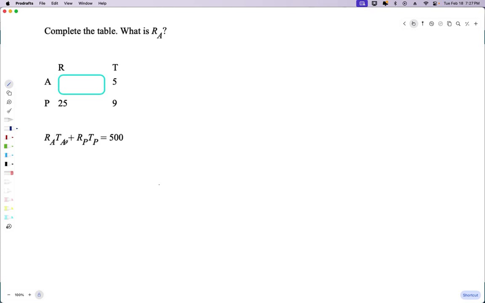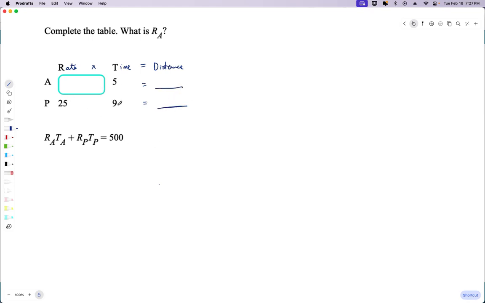The distance of A, which is rate times time, plus the distance of P, which is rate times time, is equal to 500 when you add both of them together. Rate times time equals distance. So we can put our little equal sign out here, just like that.